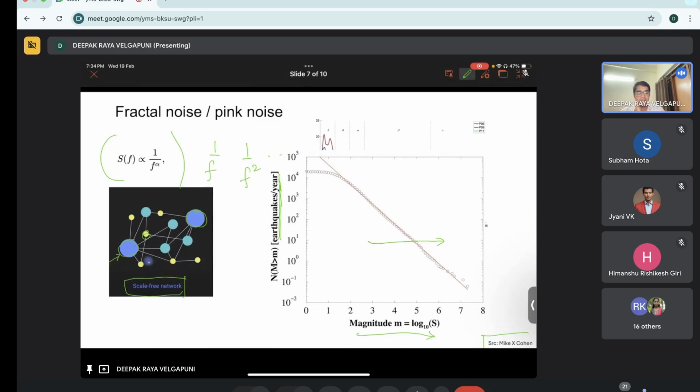As the magnitude increases, the higher magnitudes have a lower frequency of occurrence. Similarly in a spectrogram, the higher frequencies are less common than lower frequencies, and therefore you get this kind of pink noise. Is this clear?